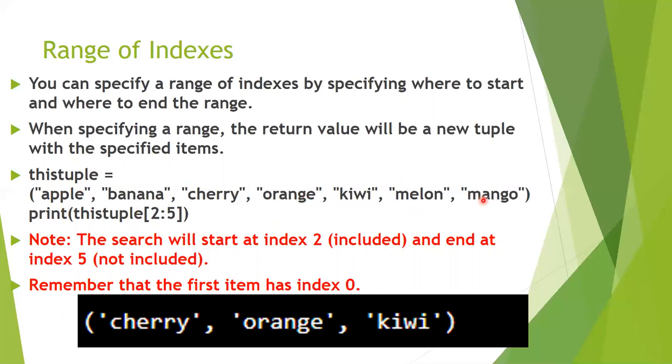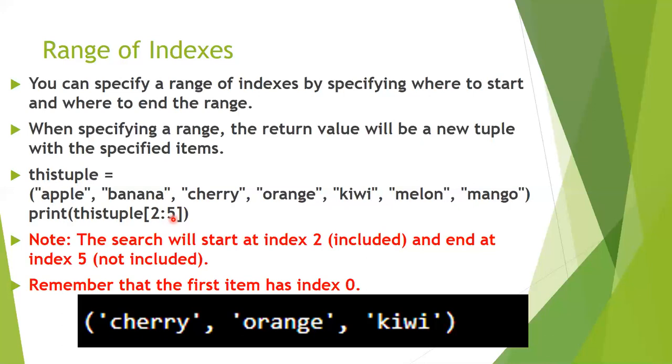And if we want to print elements from here to the last, then we can write print(thistuple) and use square brackets to refer to indexes. It will start from 2. 2 means apple, banana, cherry. It will start from cherry and it will stop before 5.